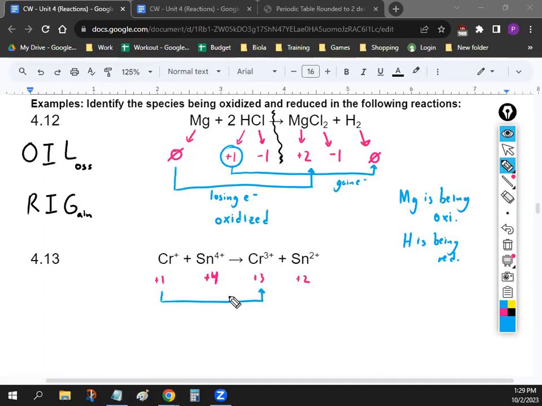Hey, everyone has deficiencies. My biggest deficiency is my height. Anyway, chromium goes from +1 to +3. So it got a lot more positive, right? If it became positive, did it gain or lose electrons? It lost electrons, which means it is being oxidized. So chromium is being oxidized here.